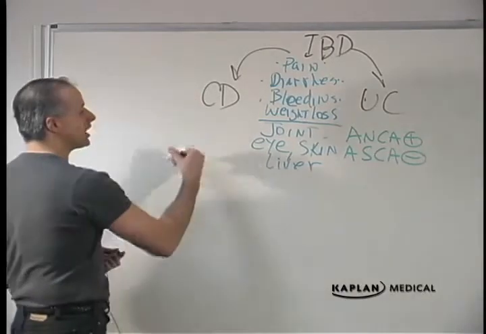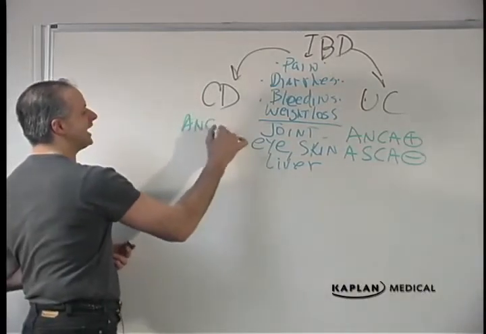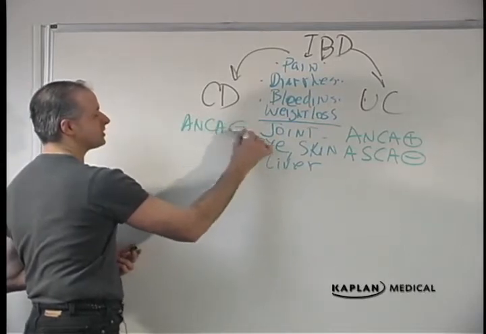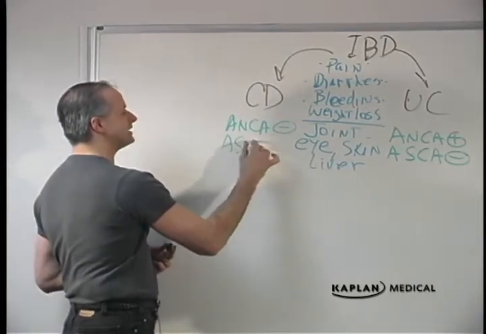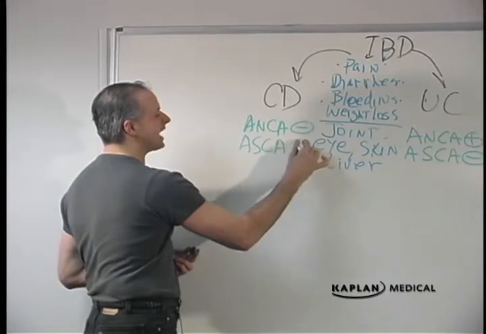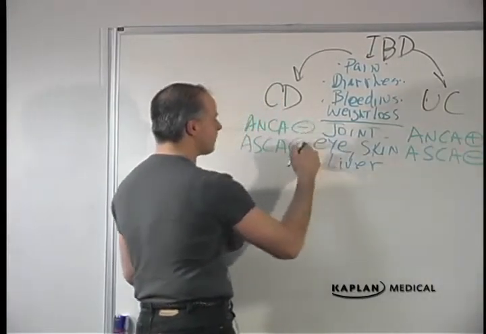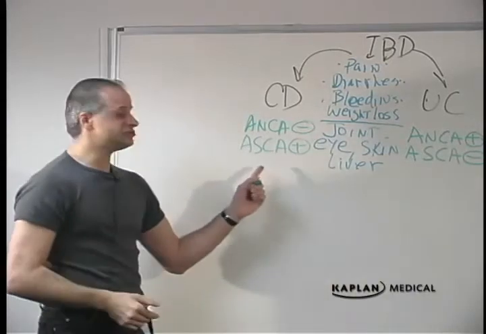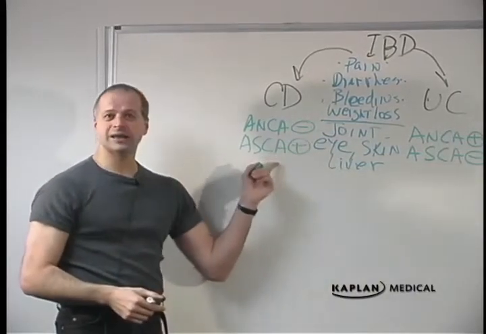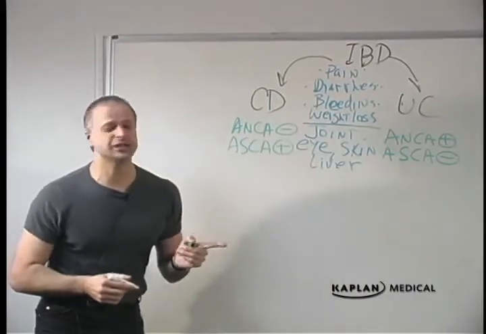And that is why Crohn's disease is ANCA negative but anti-Saccharomyces cerevisiae positive. You see the difference? Positive, negative, negative, positive. That means Crohn's disease has an antibody against the bug that makes beer.